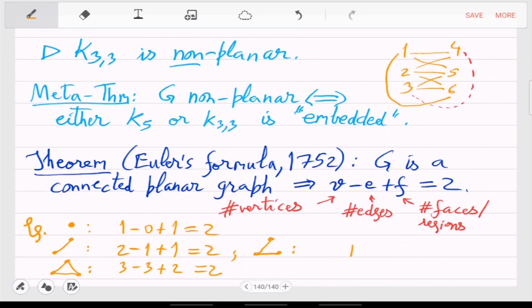Yeah, in this case there is 1 face, 2 edges and 3 vertices. So this is also 2. So 0 edges, 1 edge, 2 edges, 3 edges, and you basically induct on the edges. Okay, the proof is an induction on E. So I have shown you 4 base cases, and you can just continue the proof by induction.